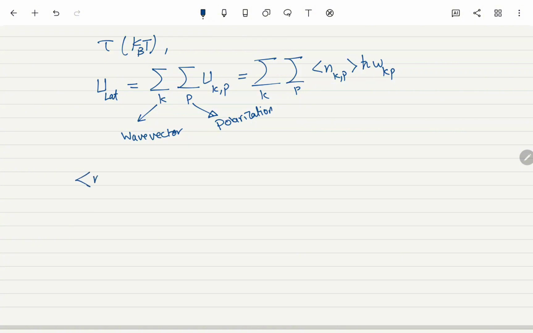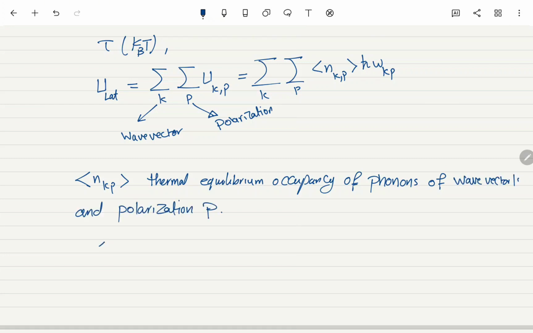Now N_KP is the thermal equilibrium occupancy of phonons of wave vector K and polarization P. This N_KP is given by the Planck distribution function, which is equal to 1 over exponential h bar omega over tau minus 1.